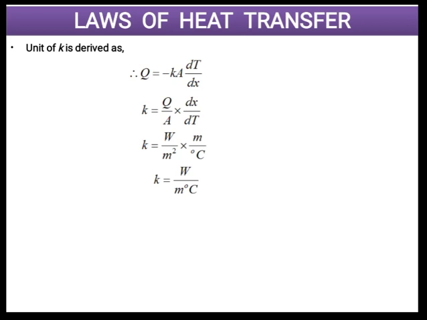Here we are not writing the absolute value of temperature, but the difference of temperatures. We have understood in the fundamentals of thermodynamics that when we write delta T, the change in temperature, then the Celsius and Kelvin scales are the same. So we can also say that the unit of conductivity k is also watt per meter Kelvin.